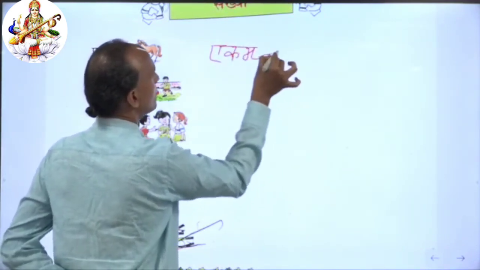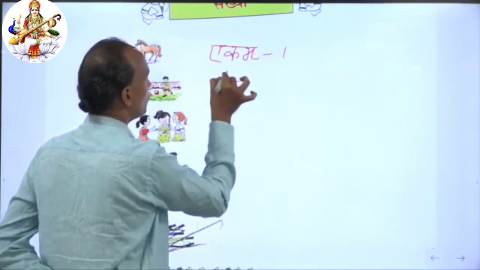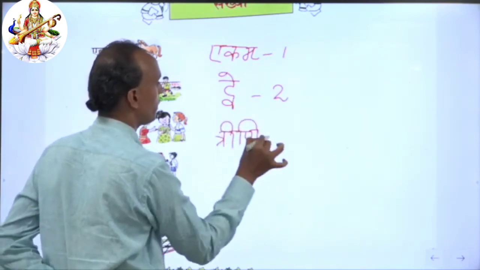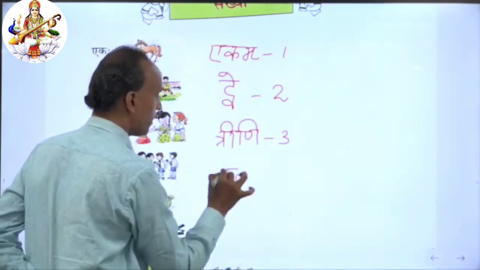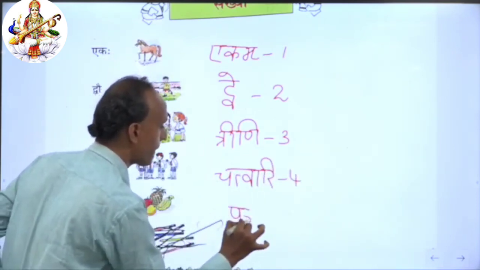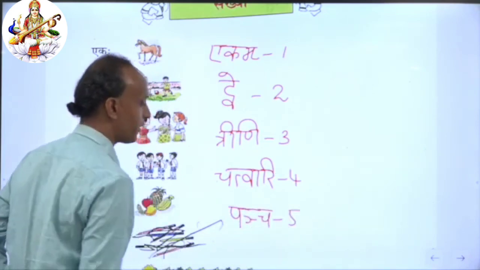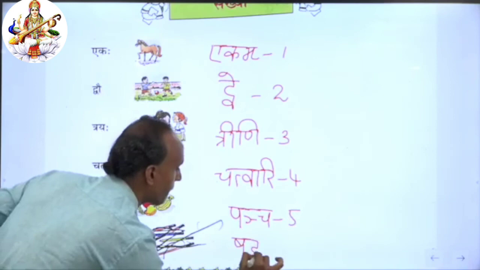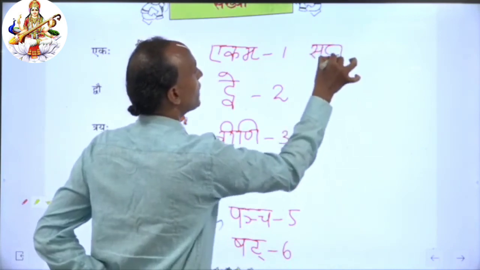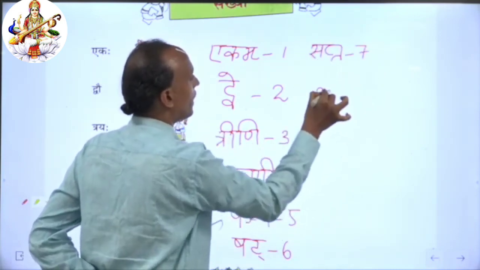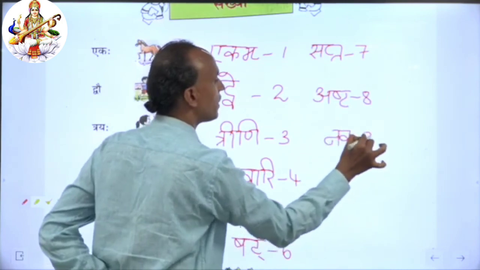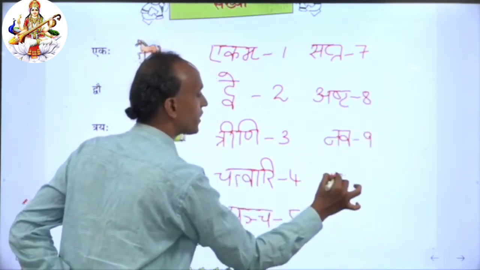Ekam 1, dve 2, trini 3, chatvari 4, pancha 5, shat 6, sapta 7, ashta 8, nava 9, dasha 10.